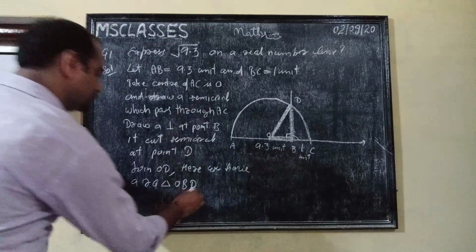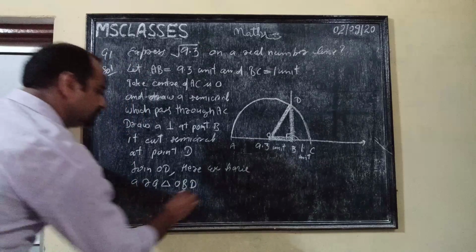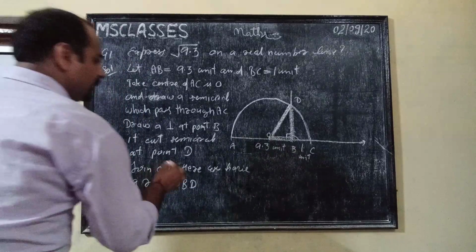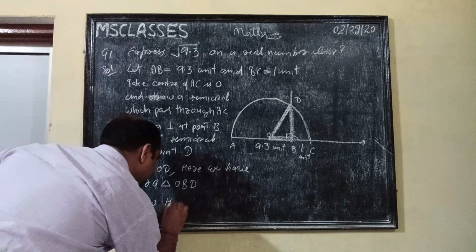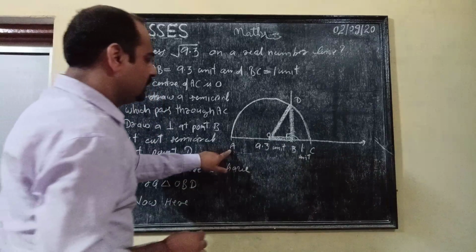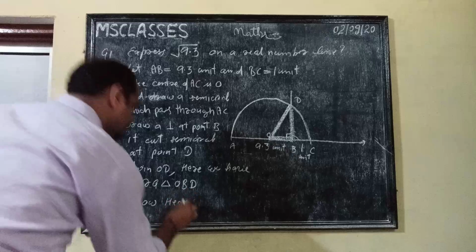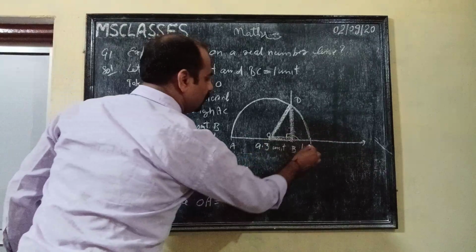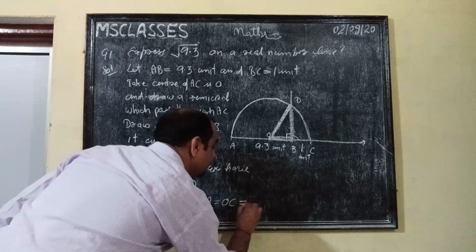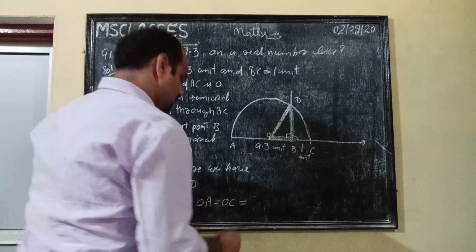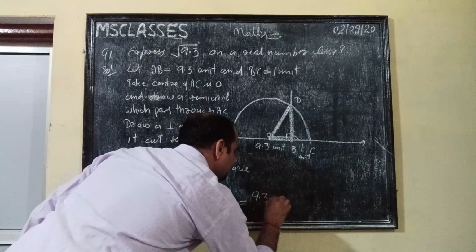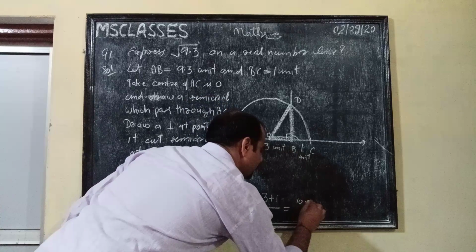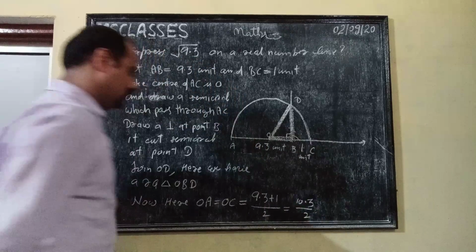Now here AO is equal to, or OA is equal to OC, and this is equal to 9.3 plus 1 over 2, means 10.3 over 2.